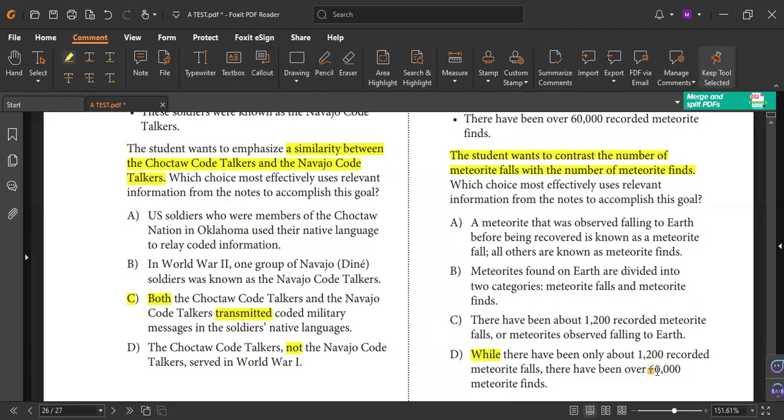There have been 6,000. So while shows comparison, and here we have comparison already. You know? That's why. The others don't have any comparisons or any contrast. Contrast, as you know, you compare between two things. That's it. Okay.